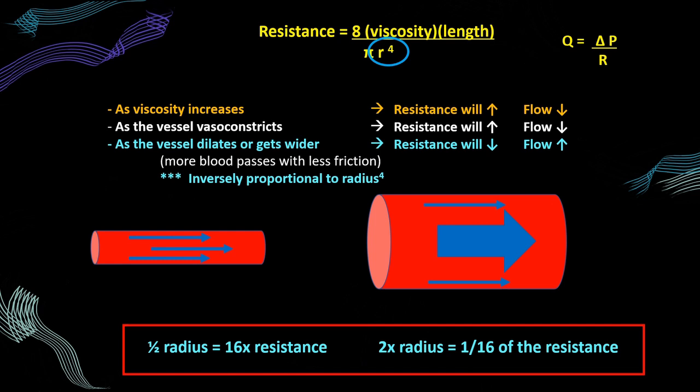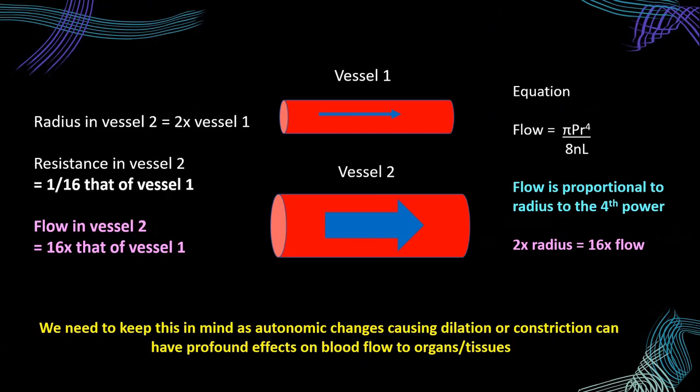If I decrease the radius by 1/2, I increase the resistance 16 times. If I double the radius, I have 1/16 of the resistance. And this is just comparing the resistance in vessel 2 versus vessel 1. We just talked about this.